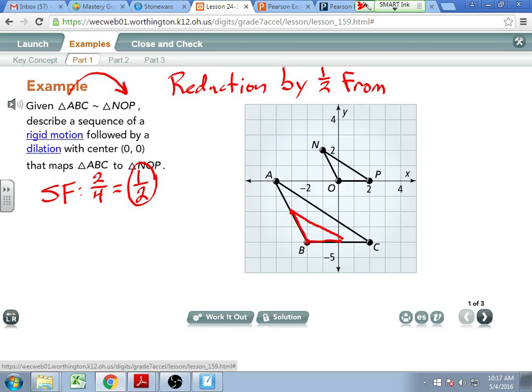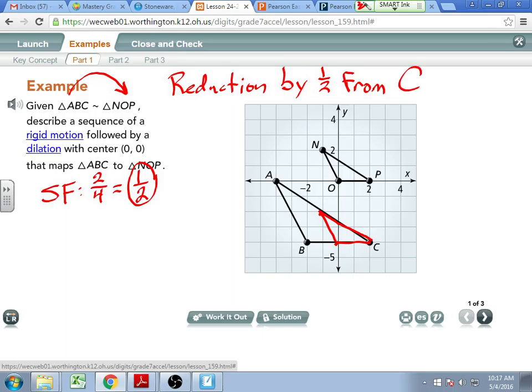Or if I do it with a center from point A, it would be there. Or if I do it with a center from point C, it would be there. So where do we want my dilation center to be? Point C. Yeah, I mean, any of them can work. So we'll say we're going to do a dilation from C.